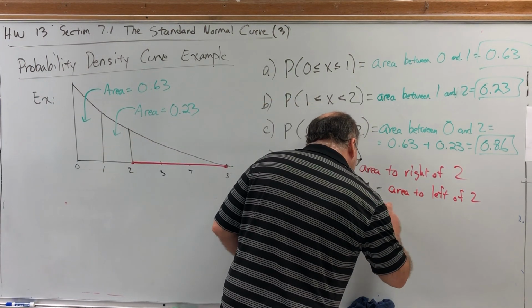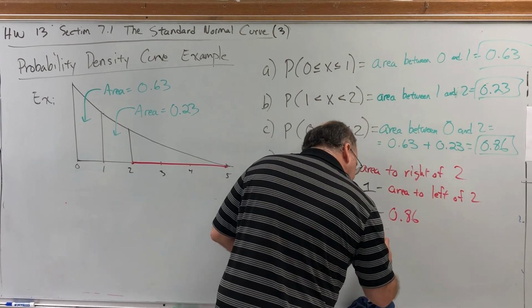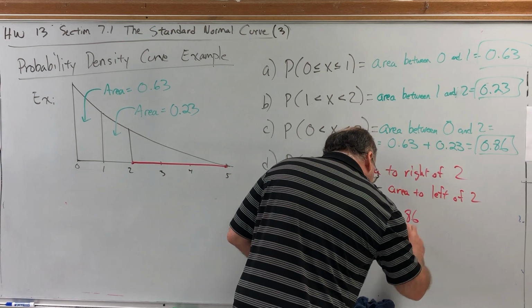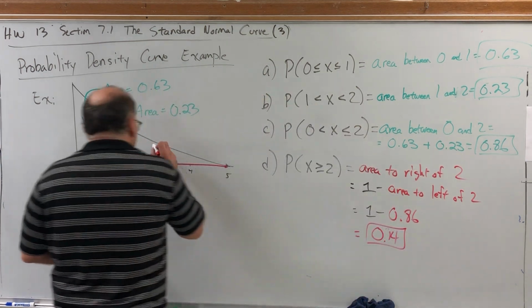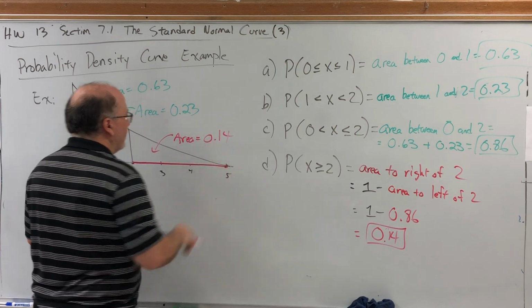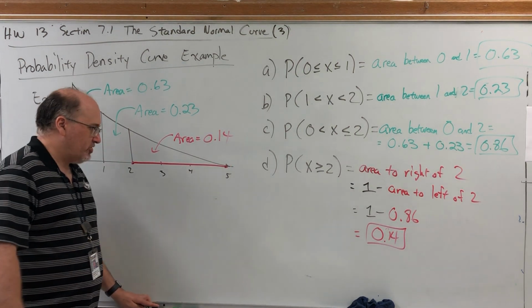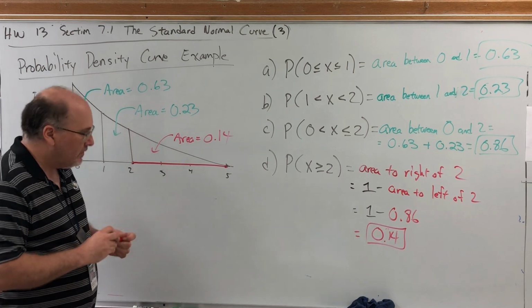So it's 1 minus 0.86. So it looks like it's 0.14, which would make the total area 1 if you checked your addition. So visually speaking, it's just the area to the right.